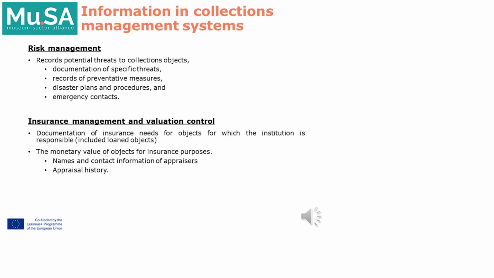It is documentation of insurance needs for objects for which the institution is responsible. It includes loaned objects, the monetary value of objects for insurance purposes, in other words, the names and contact information of appraisers, and the appraisal history.